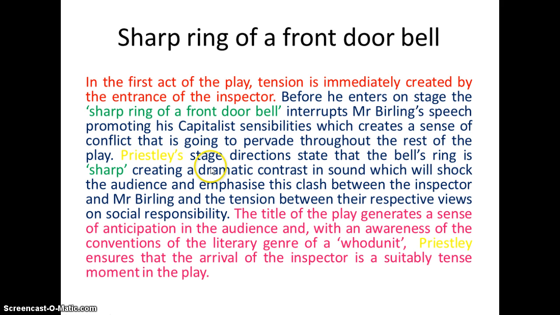We're using correct terminology, tension, and so forth. We are looking at the themes, and we are looking at structure as well, thinking about it as a whodunit, and going back to how this creates a tense moment, so looking at Priestley's technique. There we have another pretty good paragraph on An Inspector Calls.